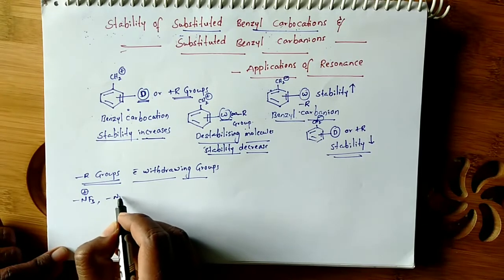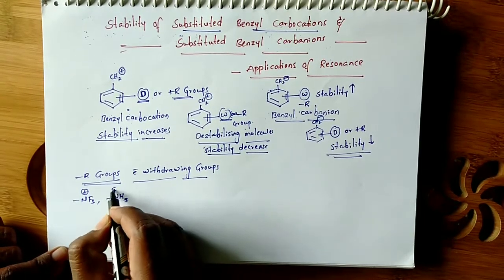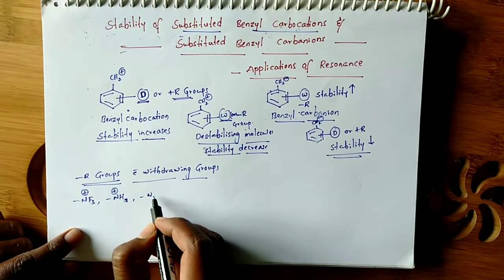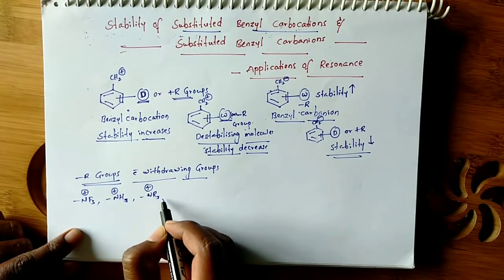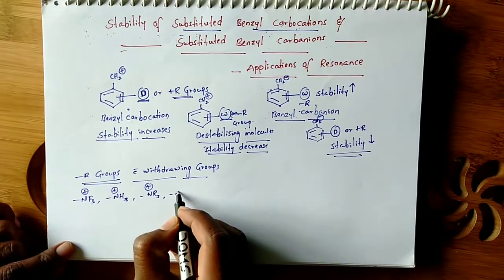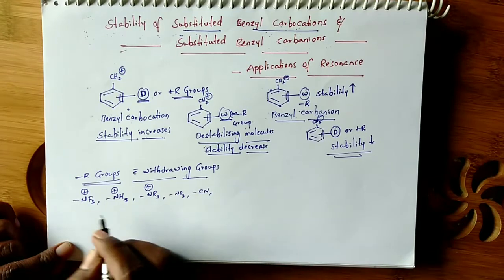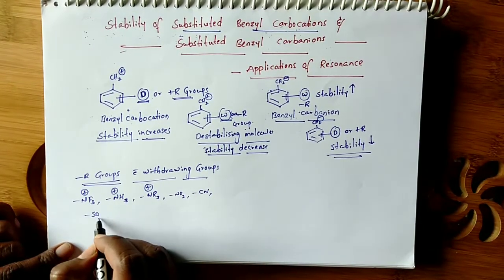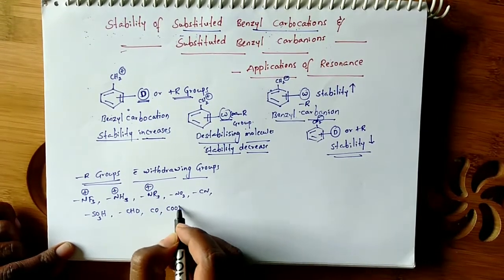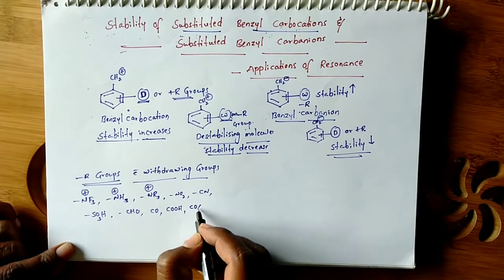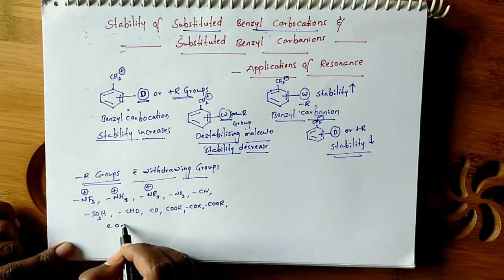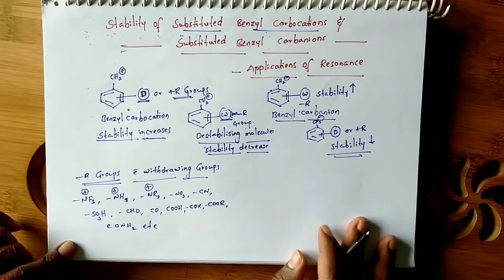You have to read them again and again, then only you can remember these groups: NO2, cyanide group, sulfonyl group, aldehyde group, keto group, carboxylic acid group, acyl halide group, ester group, amide group. All these are examples of minus R groups.